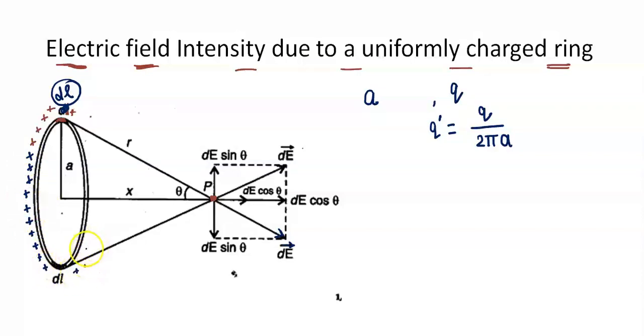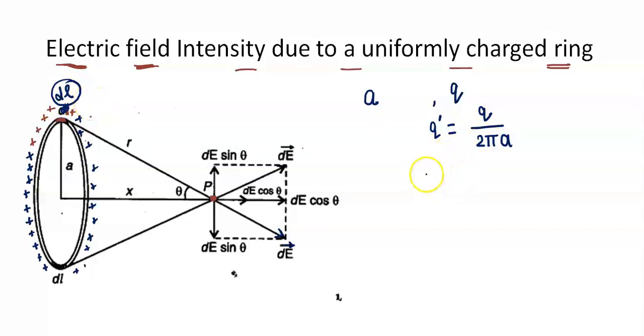So the charge per unit length is q upon 2 pi a, and we have taken a very small length dl.